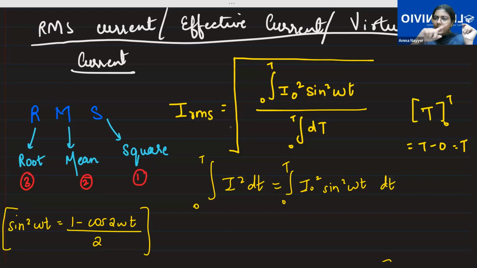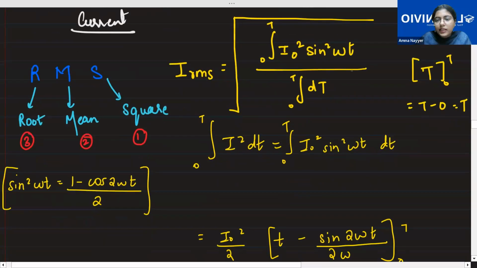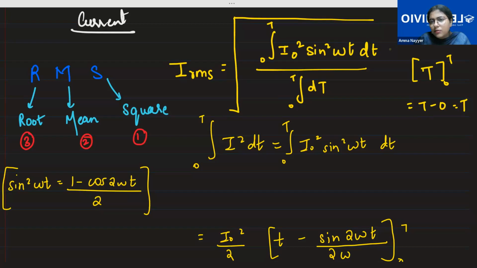So we'll just add the input under root and divide it by T. So let's solve this, because solving this whole square root will be a little difficult. So we are just solving this integral of I naught square sine square omega t dt from 0 to T. Yeah, dt comes whenever you integrate a quantity, right?